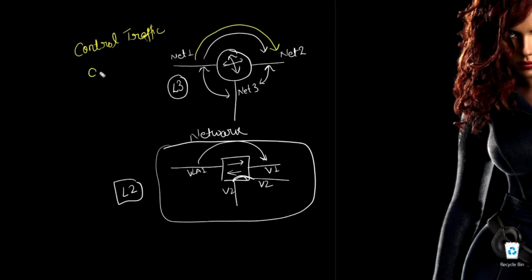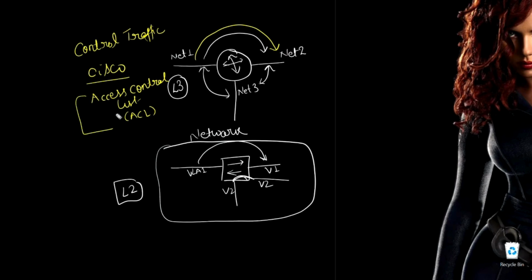Basically we can take the help of Cisco routers or some other routers. We have something called an access control list, sometimes also called ACL. In Juniper or other routers, they have a similar concept with some other names, but the feature is the same.